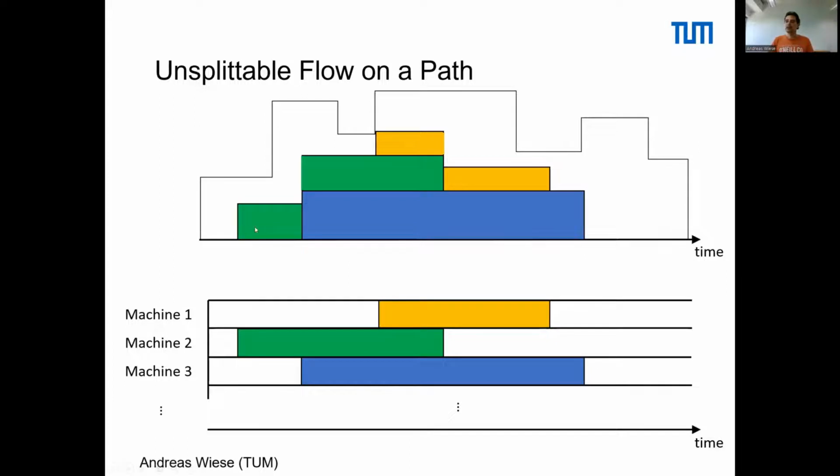Now you can think of every task as being a job that you might want to schedule on a machine. Let's say you have a large number of machines that don't form a bottleneck, but what you must make sure is that at every single point in time, you use only as much of your available resource as you have available. So every job needs a certain portion of this available resource.